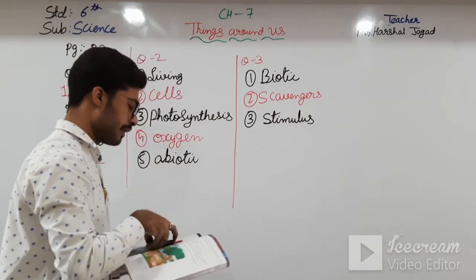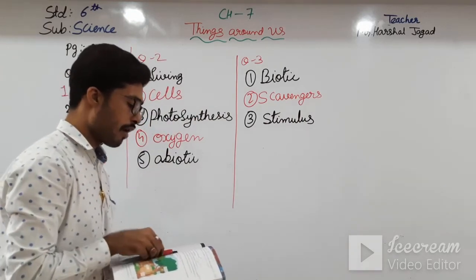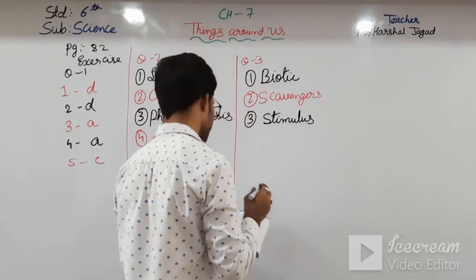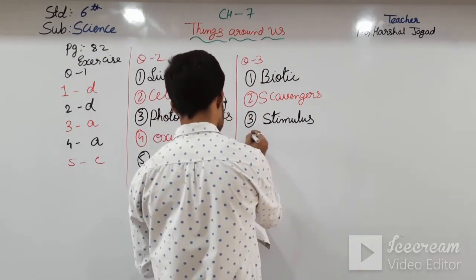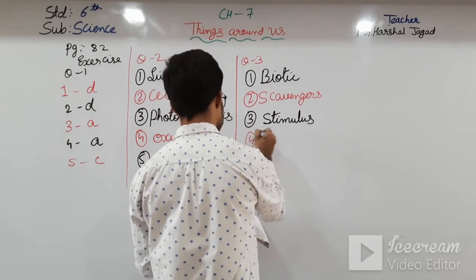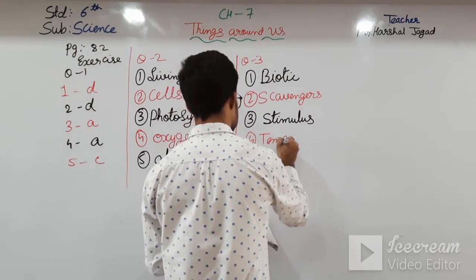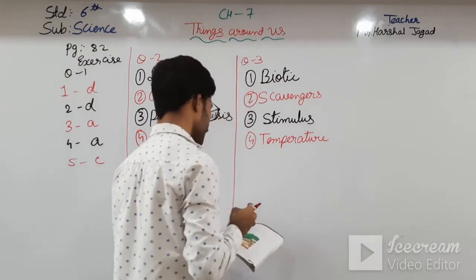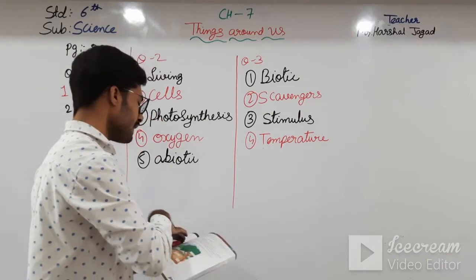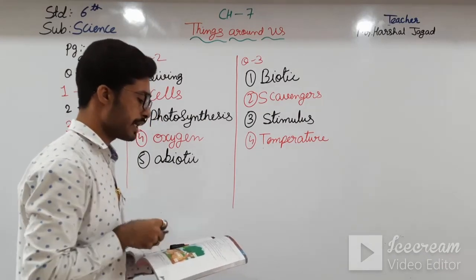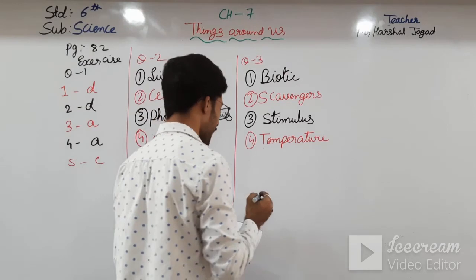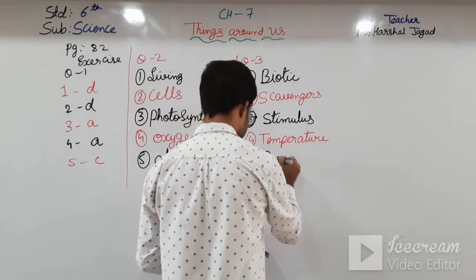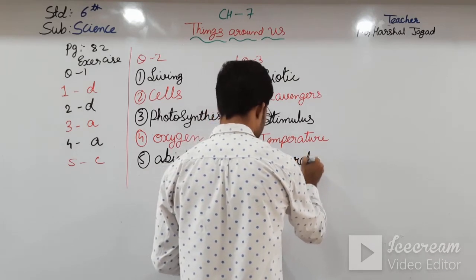And fourth one, the measure of how hot or cold an object is. Temperature. Fifth one, the process of utilizing oxygen to break down food in the cell to release energy, that is known as respiration process.